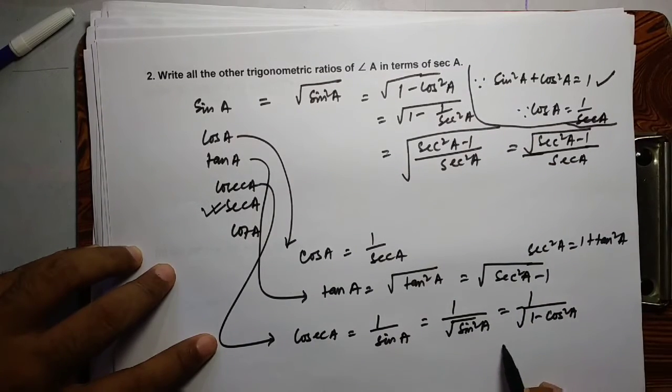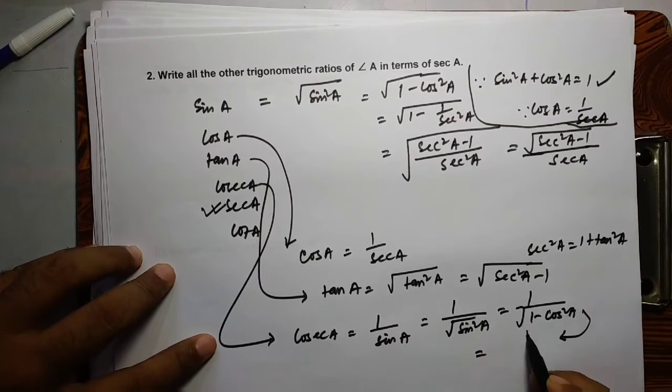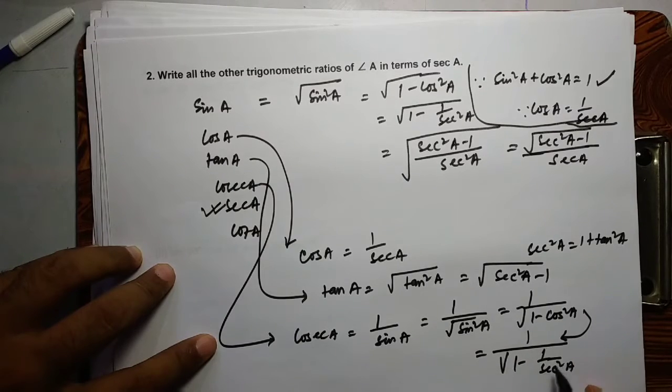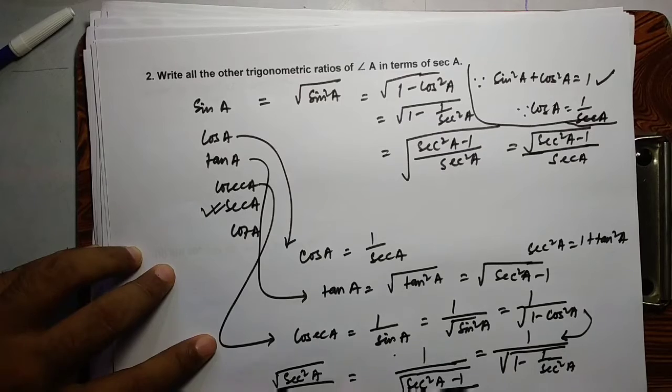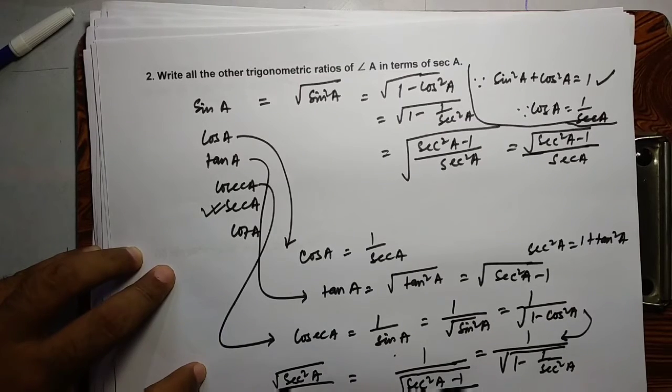So here you can write 1 over root of 1 minus 1 by sec square A. So how much is this coming again? Taking the LCM, sec square A, this is 1 over root of sec square A minus 1 over sec square A. So the sec square A comes to the numerator, and this goes down with sec square A minus 1.